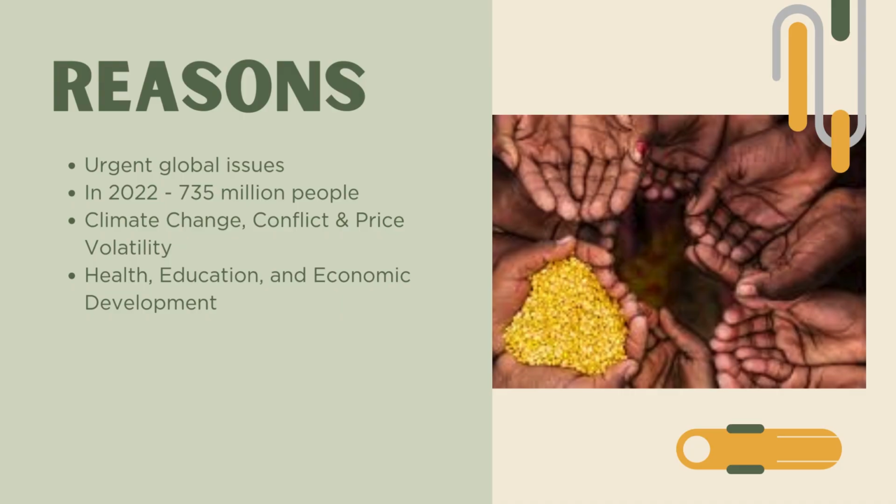This goal resonated with me because food is not just a basic need, it's the foundation for health, education, and economic development. Without food security, it's almost impossible to achieve other SDGs. I wanted to see whether financial tools like derivatives could help address this challenge in a practical way.